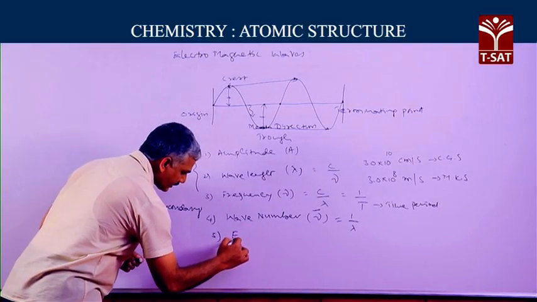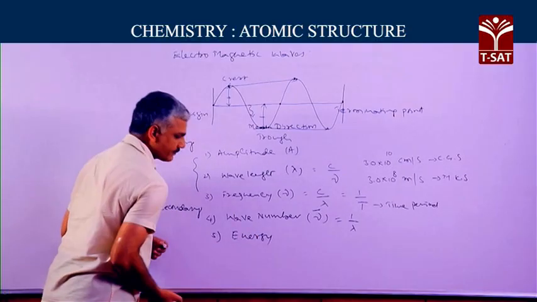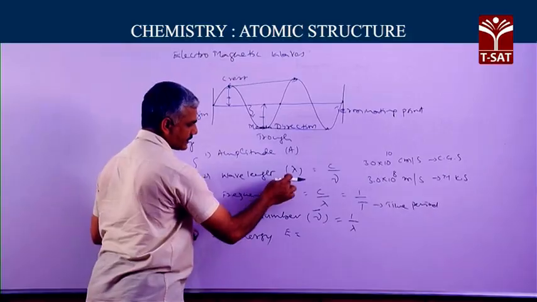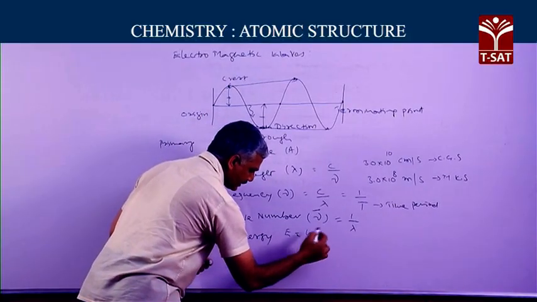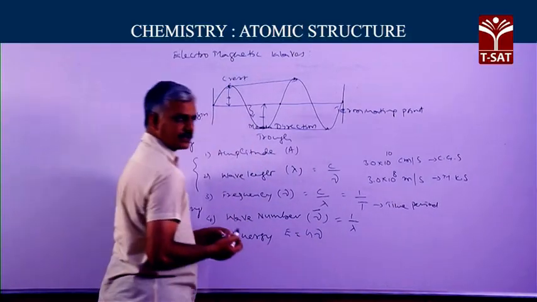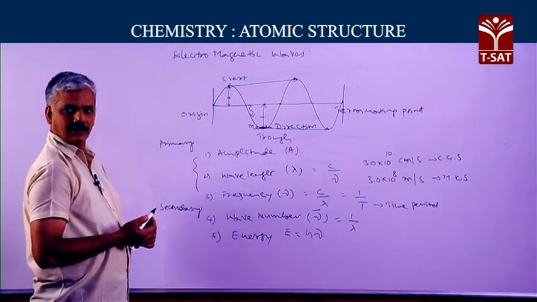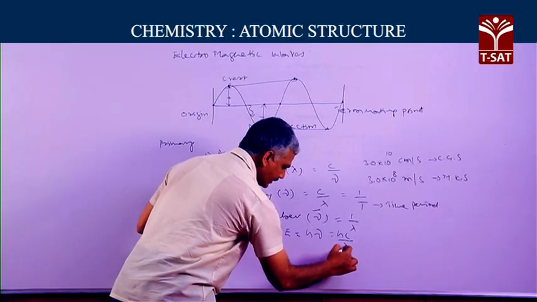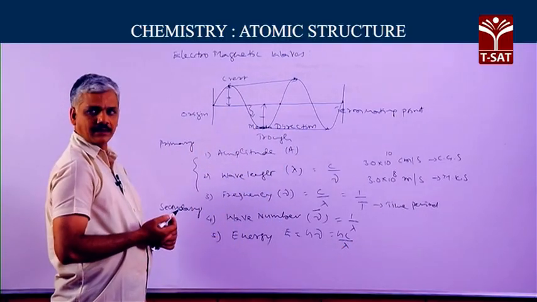Then energy. It is dependent on both frequency as well as wavelength, calculated by using the relation E is equal to h nu, or in place of nu you can make use of c by lambda.